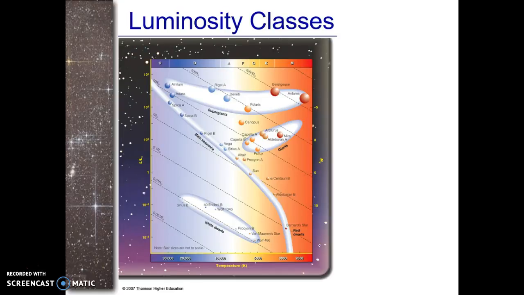Luminosity classes. Okay, so we need to remember that collisional broadening, which we learned about in the last chapter, increases spectral lines and is caused by dense gas, and if the gas is dense, there's going to be a lot of collisions between those gas particles. Well, main sequence stars, these right here in the middle, these are all dense.